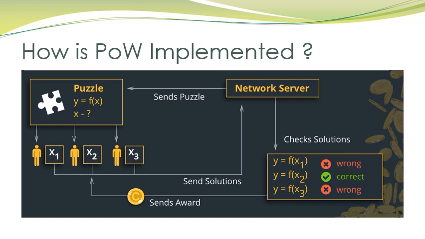So this network server will send a puzzle to the miners. Miners are nothing but nodes that try to solve the mathematical puzzle, and miners have to spend resources. Miners have to spend energy. Miners have to spend computational power to solve mathematical puzzles.